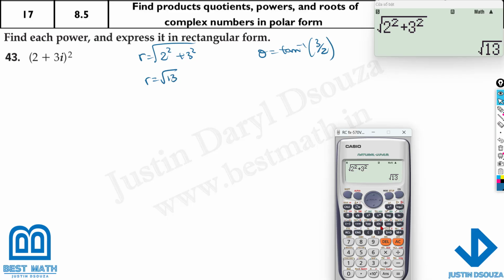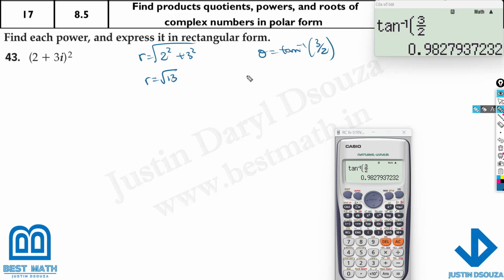Theta will be tan inverse of, you can use a fraction or you can write 1.5, that's 3 by 2. And here we go, theta is equal to 0.9828.